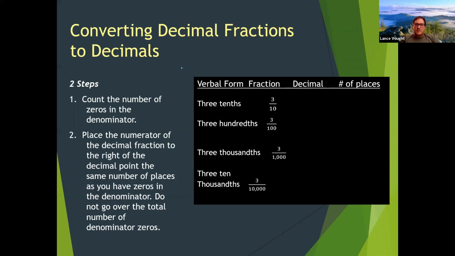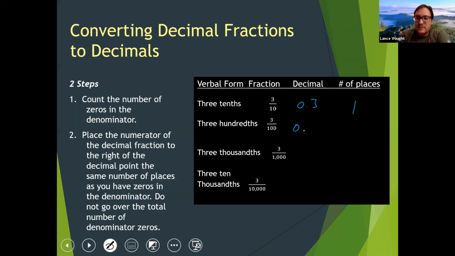If you want to convert fractions to decimal, it's easy, because if you're going decimal to fraction, it's whatever the denominator is. If you're going from fraction to decimal, if you have 10, then it's 1 digit. If it's 100, it's 2 after the decimal. If it's 1,000, it's 3. If it's 10,000, it's 4. So we know that this is going to be 0.3, 1 place, 0.03, 2, 0.003, 3, 0.0003, 4.